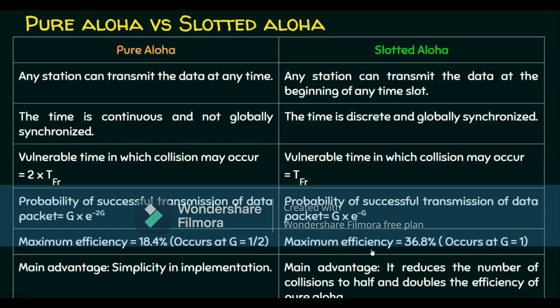Whereas the maximum efficiency in Slotted Aloha is 36.8%, which occurs at G equal to 1. That is, the frame transmission time is the vulnerable time. And if we observe, the maximum efficiency is 18.4% in Pure Aloha, and it is doubled in Slotted Aloha.